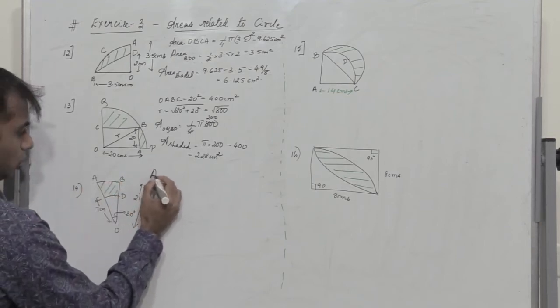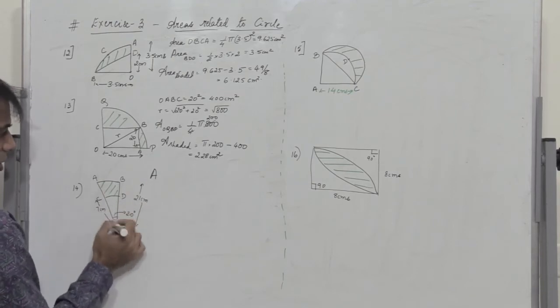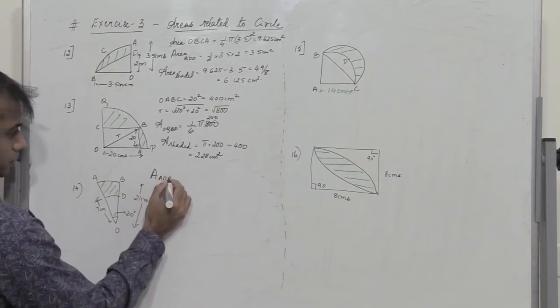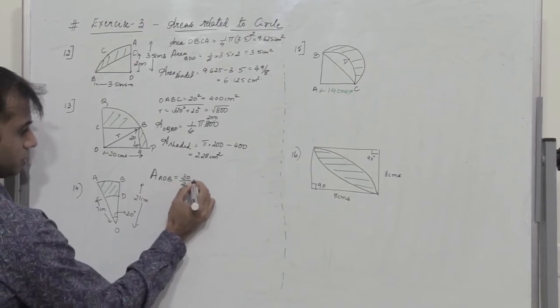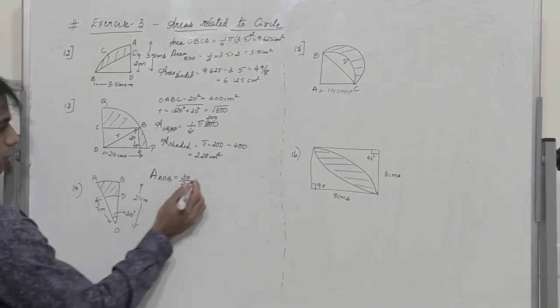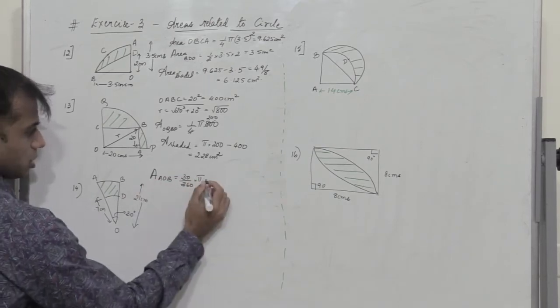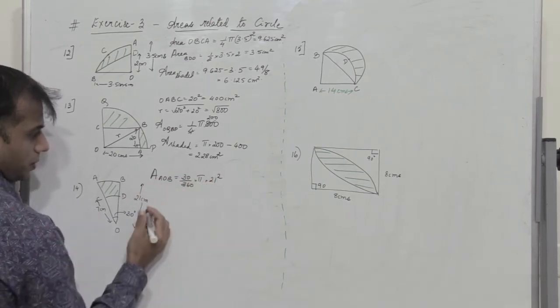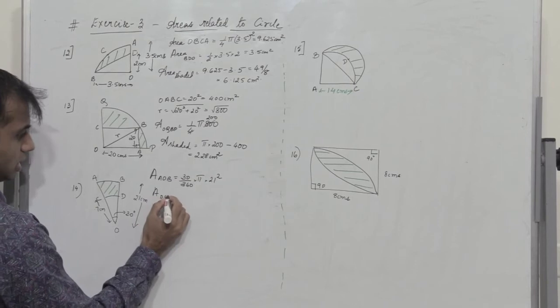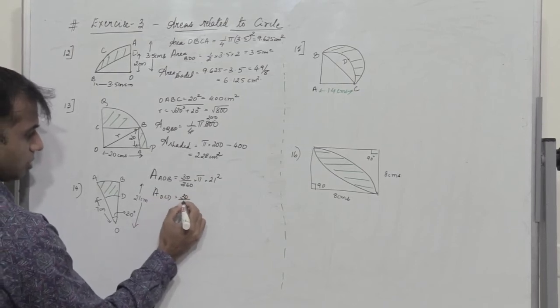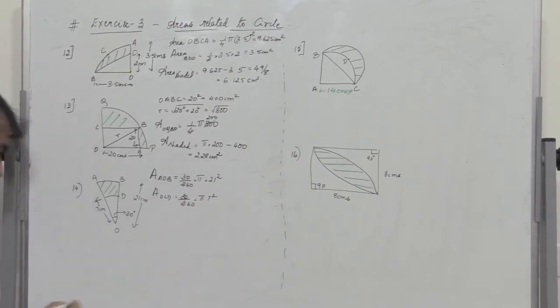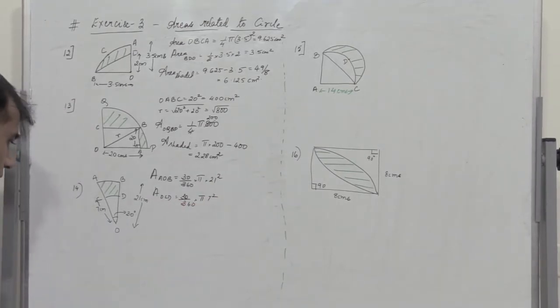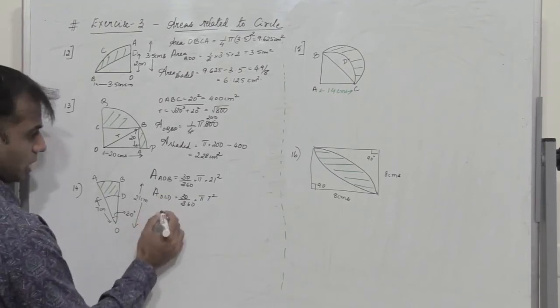So area of the sector AOB is 30 by 360 degrees into pi r square, which is 21 square, and area of OCD equals 30 by 360 into pi r square, which is 7 square, right? So we need to subtract these two.